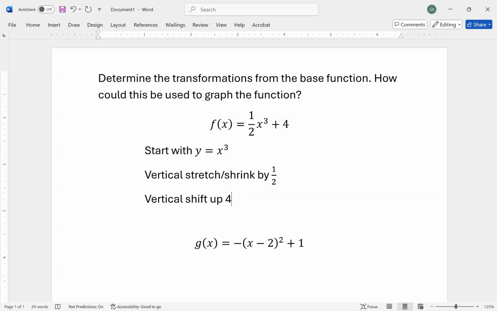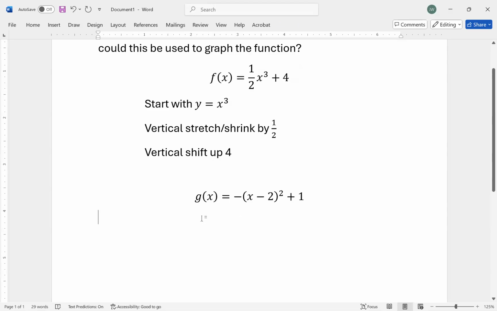I don't want to vertical shift up by 4 and then try to stretch and shrink, because then things get thrown off. So I do order of operations starting with my inside base function, and then say, as I move out, what operations would I do? I'd stretch it, shrink it by a half, and then I'd shift it up by 4.